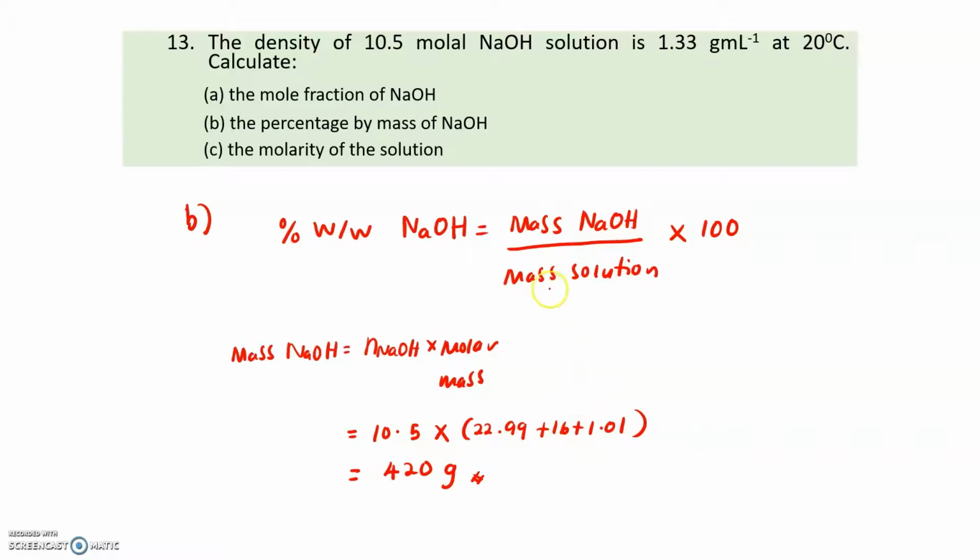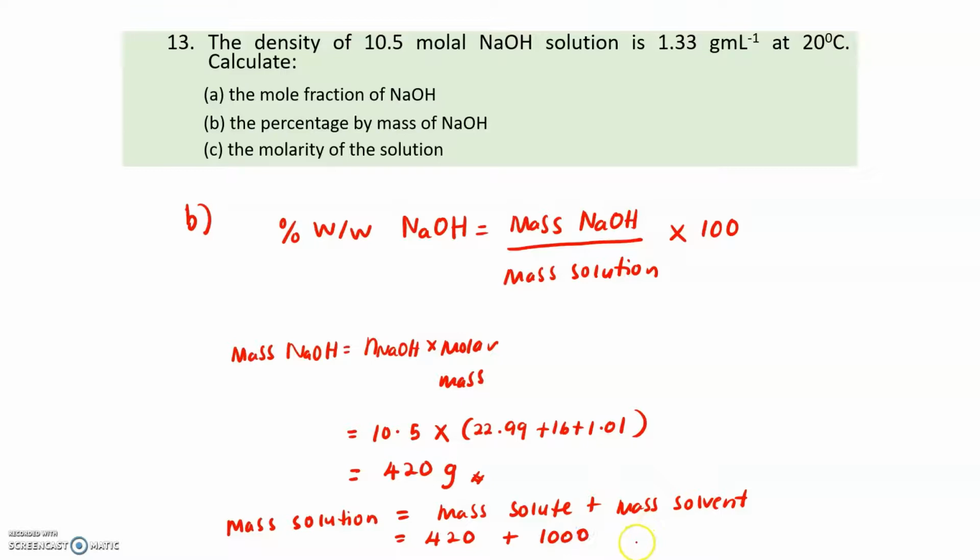So what is mass of solution? Mass of solution is equal to mass of solute plus mass of solvent. Solute is 420 gram plus solvent, from our assumption, it is 1000 gram. So total mass of solution is 1420 gram.